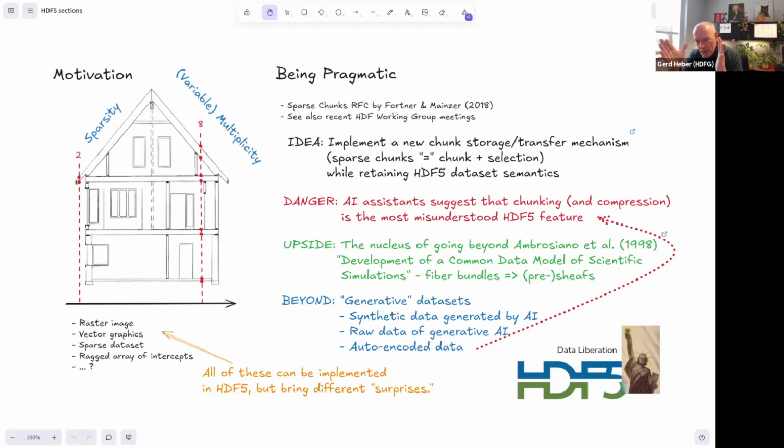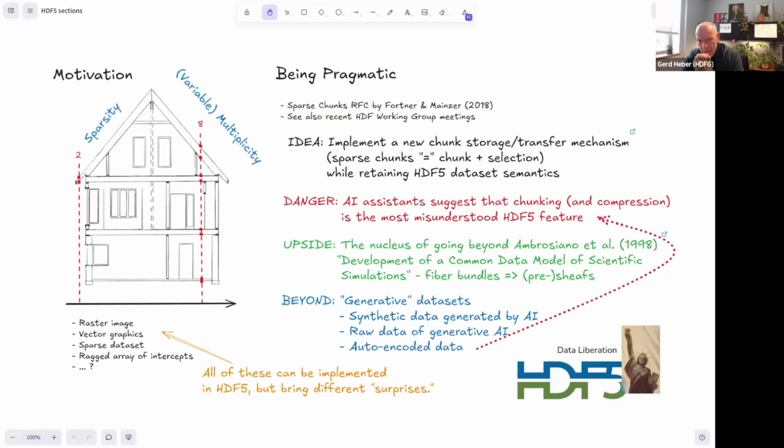They would really be chunks as storage primitives overlaid with selections that would coordinate, so to speak, the mapping between the storage space and the logical data space in the API.